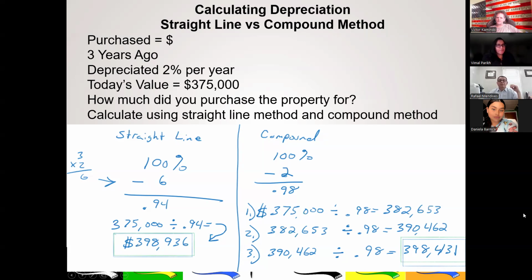Correct. The main part we have to remember: if they're talking about the past, then we divide the current value. But you also need to remember whether you're going to do this three times, or you just take the straight line rate of depreciation, because those are the two things that are different about it.